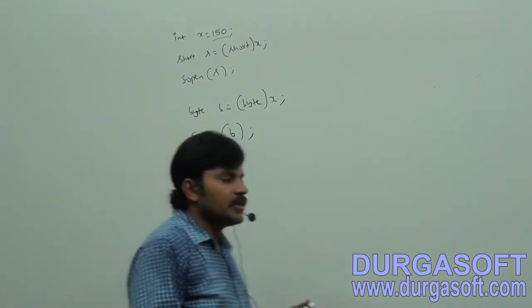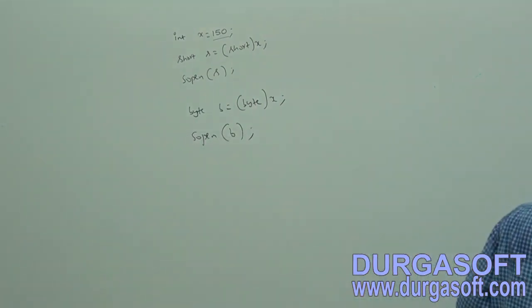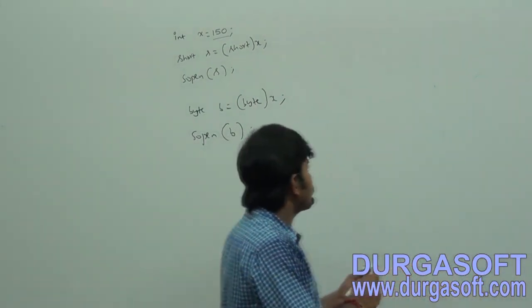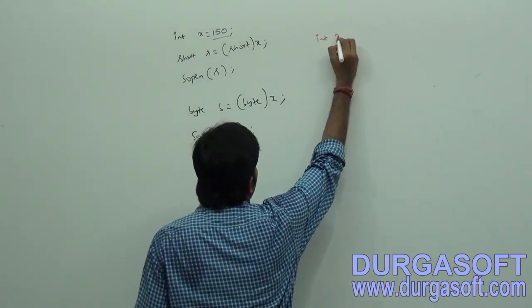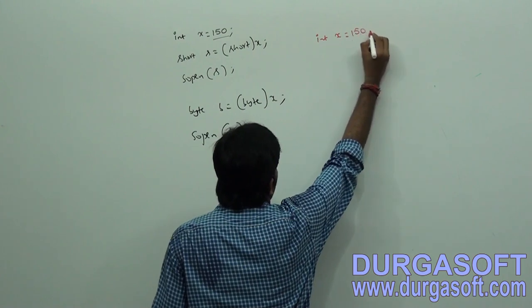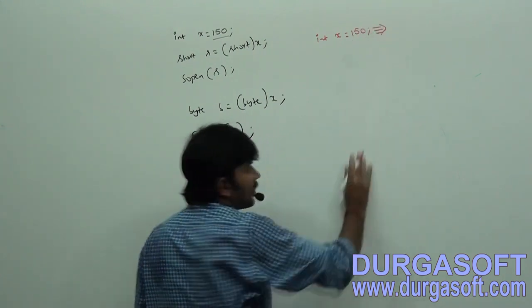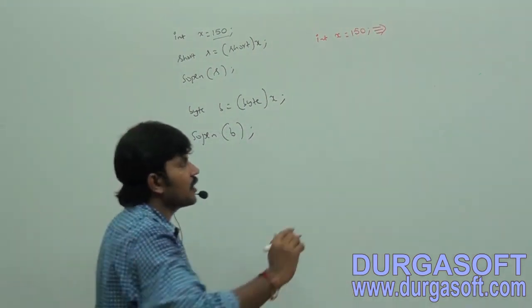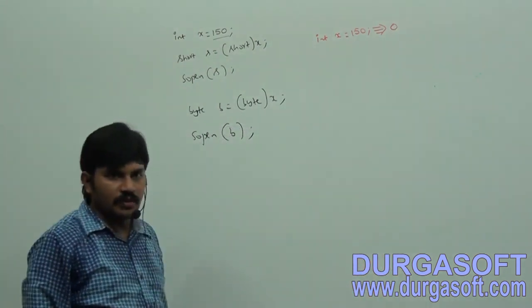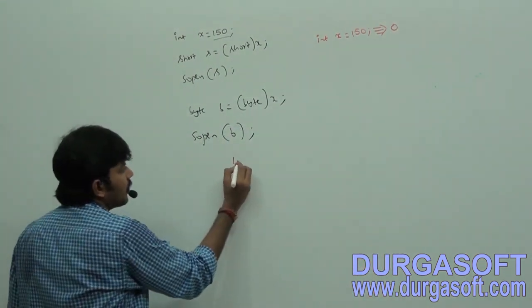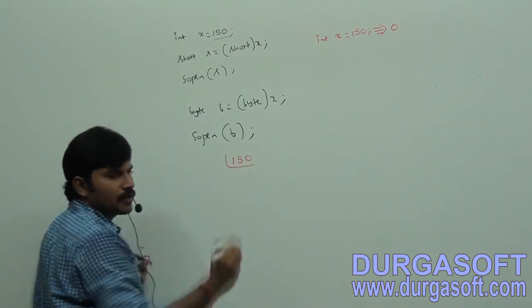Here, just observe this point well. Here int x is equal to 150. How can you represent it in memory? Sir, can you tell what is the most significant bit? 0, because it's a positive number. Now 150, let me convert to binary.